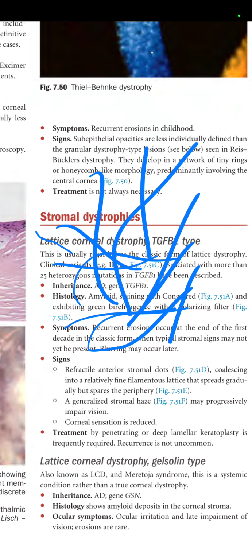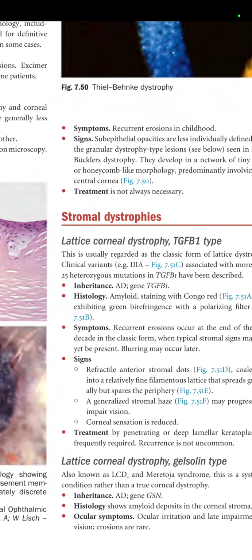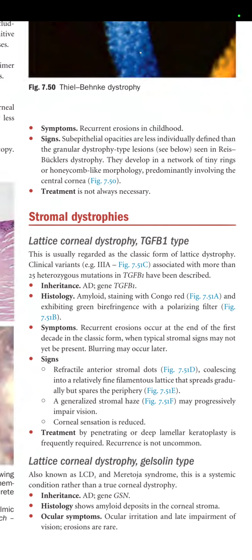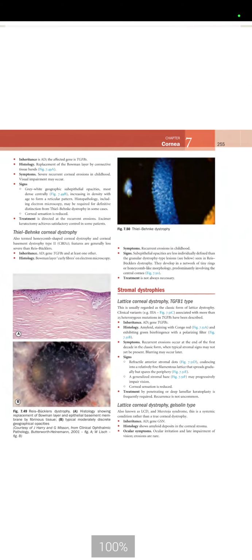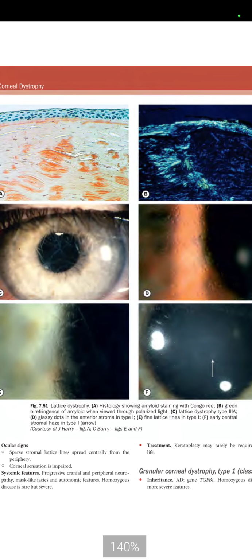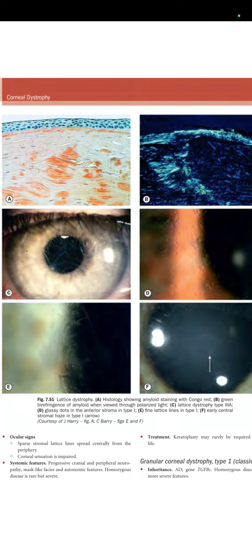Recurrence is not uncommon. So how do you treat? You do deep anterior lamellar keratoplasty for this type of dystrophy. Let's see figure 7.151, showing the lattice dystrophy. A is histology showing amyloid staining with the Congo red.